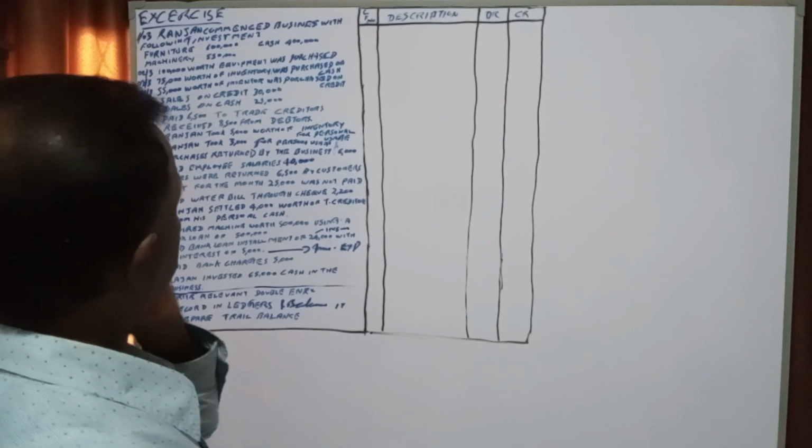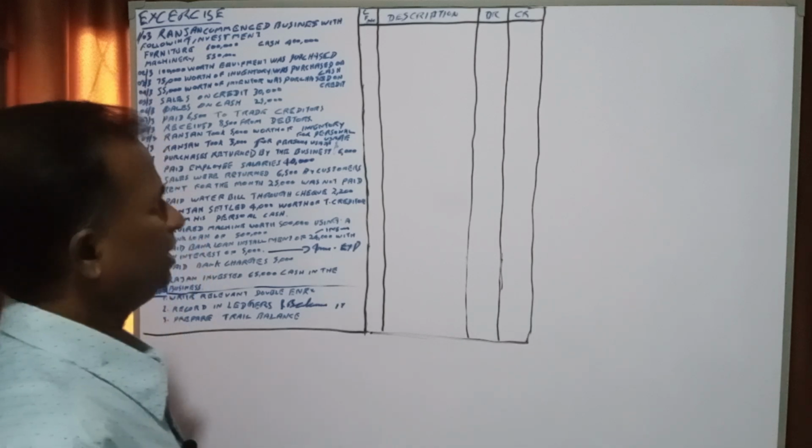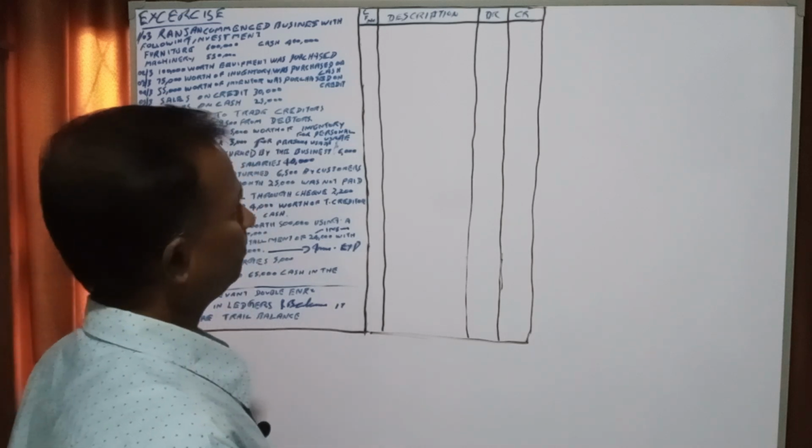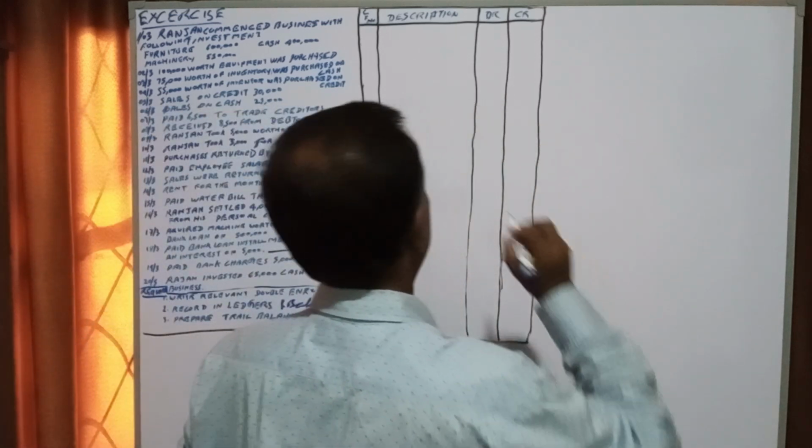Now we will start with the T accounts. For the first T account, we have to open a cash account.